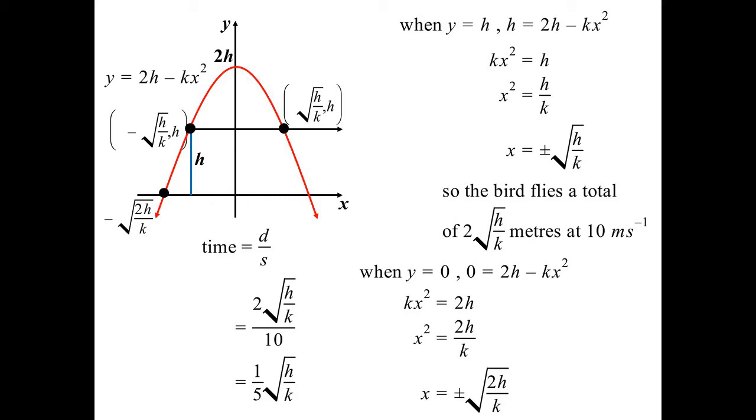Well, we're interested in how far the stone travels, because we're trying to find the horizontal component of the stone's velocity. So it'll travel root 2h on k, plus another root h on k. I can factorise that and get root h on k outside of root 2 plus 1.